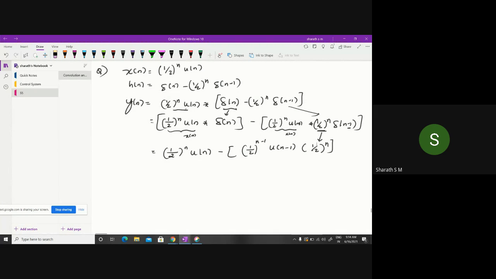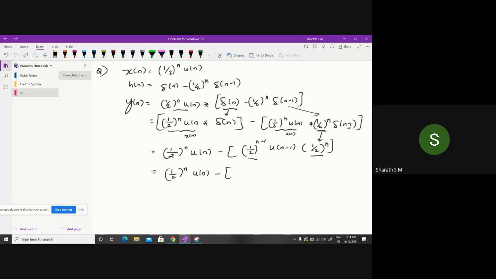And then simplify this: (1/2)^n u of n minus (1/2)^n u of n minus 1. So these two we make a product. This is equal to (1/2)^n as a common factor, it remains with u of n minus u of n minus 1.